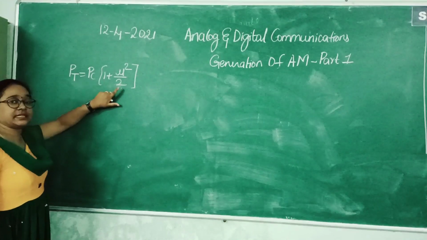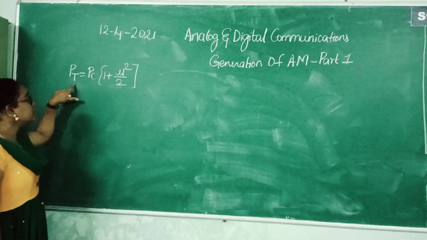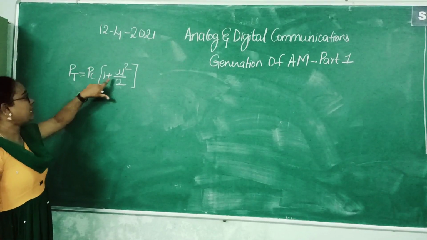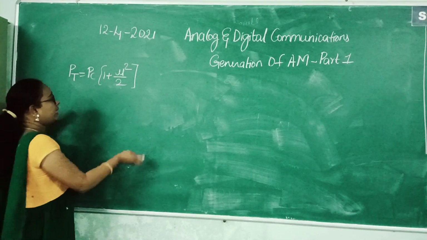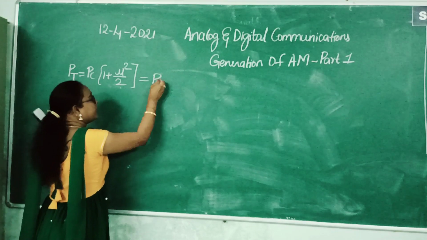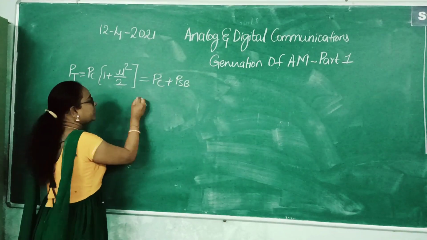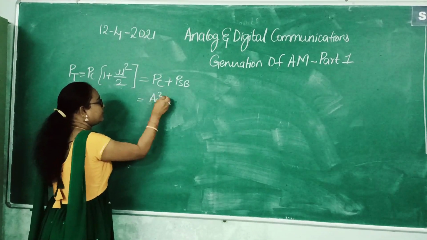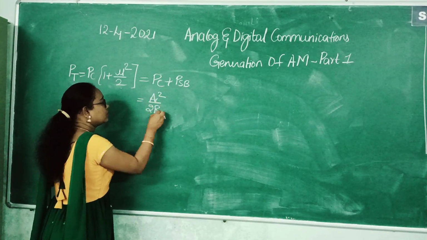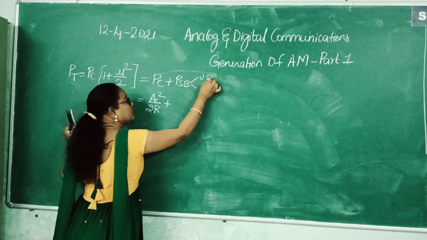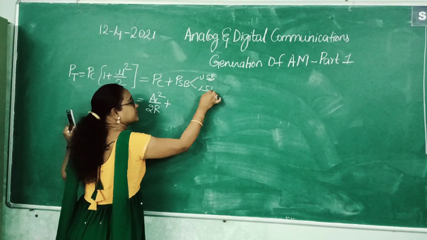Let's consider the single tone power calculation where Pt is equal to Pc into 1 plus mu square by 2, that is the carrier power plus the sideband power. The carrier power is AC square by 2R. The sideband power is the upper sideband plus the lower sideband.